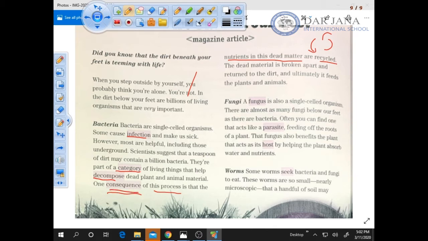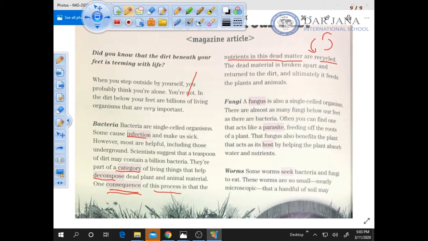Consequence, something that happened out of the normal recommended process of anything when there's a recycling. So consequence, something bad happening according to this, because recycle is considered good. And consequence, something that's happening out of proportion, out of the unknown, or out of the regular circumstances. Now let's go.